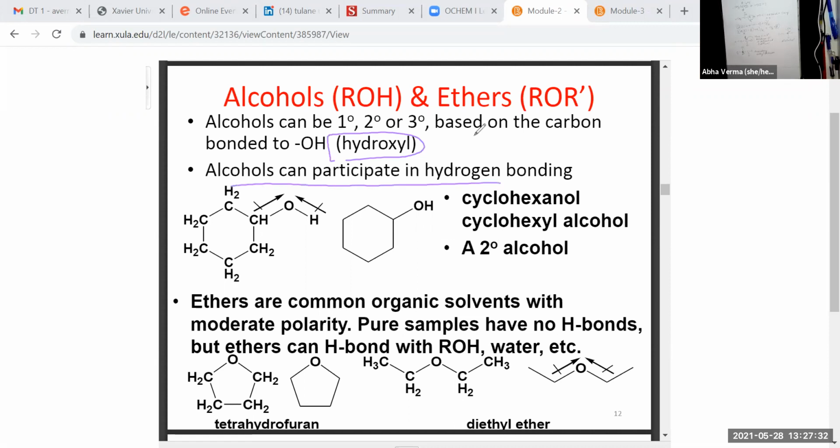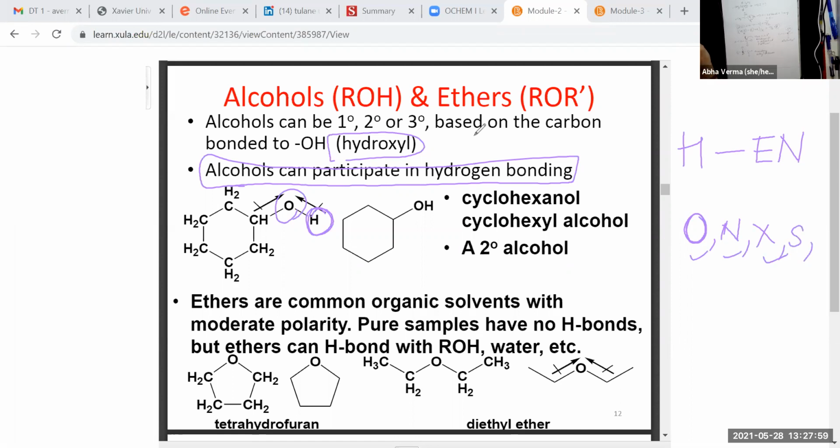Now, alcohols can participate in hydrogen bonding. This is something that is known, that when hydrogen is attached to an electronegative element. And what are electronegative elements that you know of? Oxygen, nitrogen, and all your halogens, and sulfur, and so on.